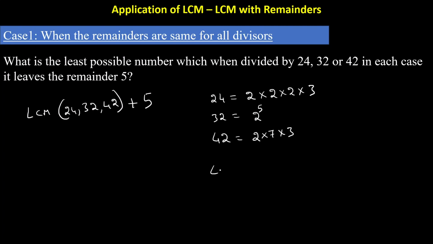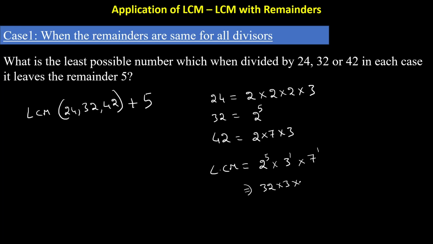So what is the LCM? Do you remember the concept I have discussed? We will take all the prime numbers with the highest degree for the LCM. The prime numbers here are 2, 3 and 7. The highest degree of 7 is 1, the highest degree of 3 is 1, and the highest degree of 2 is 2 power 5.